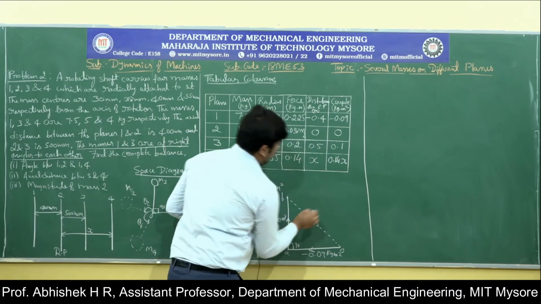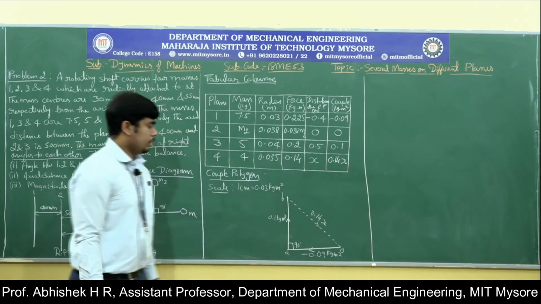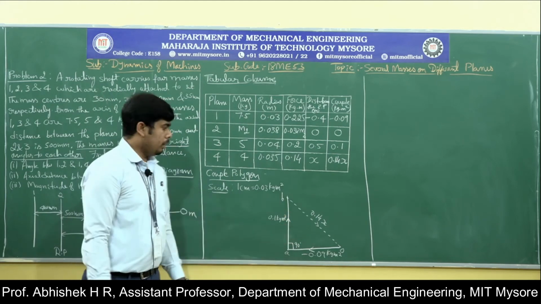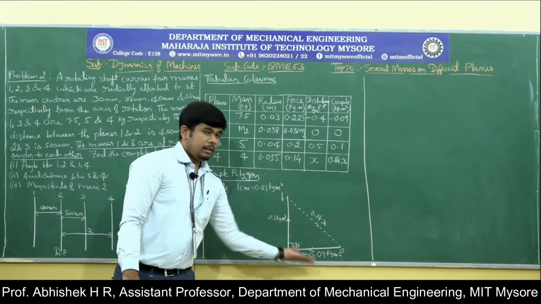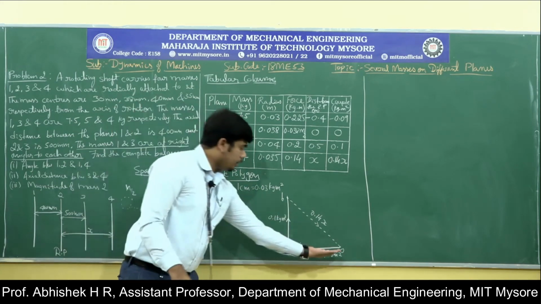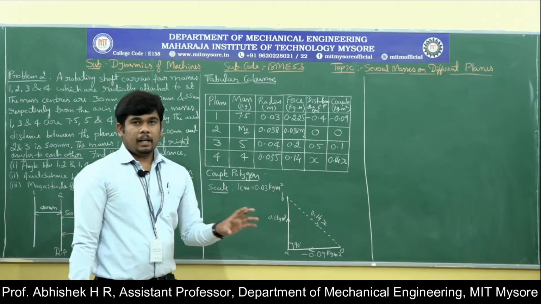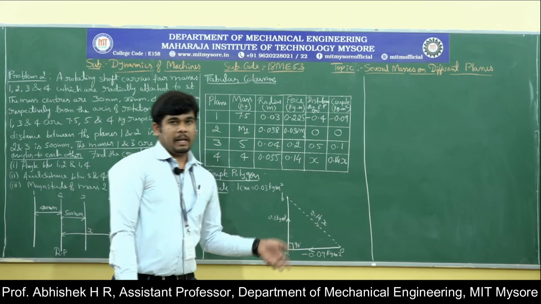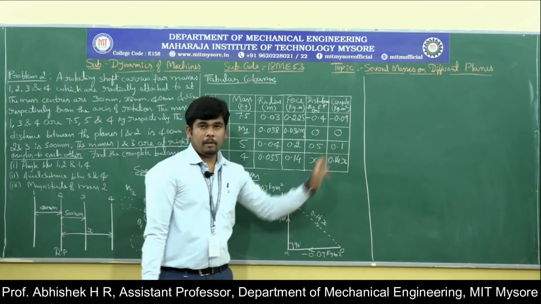So this will be 0.14x. First I have taken 0.09 by 0.03, which is 3 centimeter, and I have taken the 3 centimeter line. I have a hint that planes 1 and 3 are at right angles to each other, so I have taken a 90 degree angle, then I have the couple value 0.1.